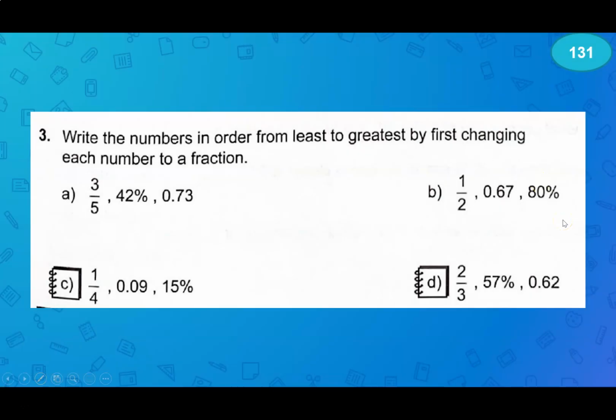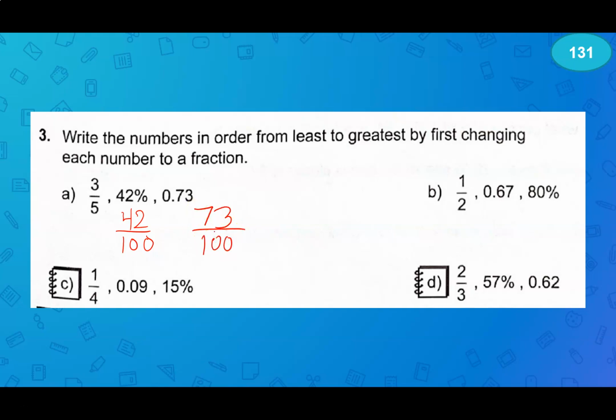Question 3 says, write the numbers in order from least to greatest by first changing each number to a fraction. All right, so 3/5 is already a fraction. 42%. We know 42% is the same as 42 hundredths. 0.73 can easily be written as 73 hundredths.